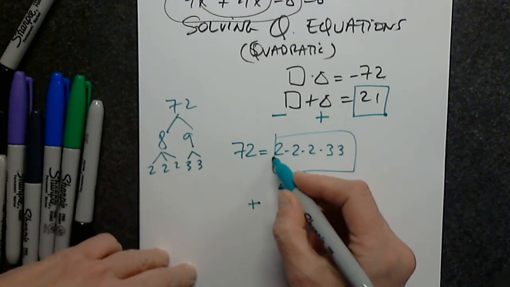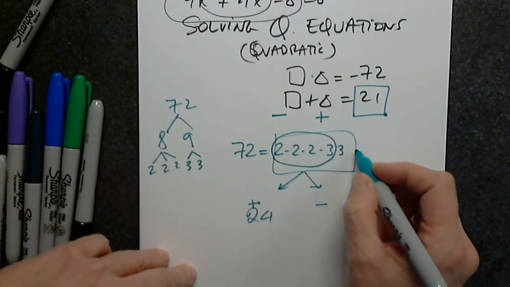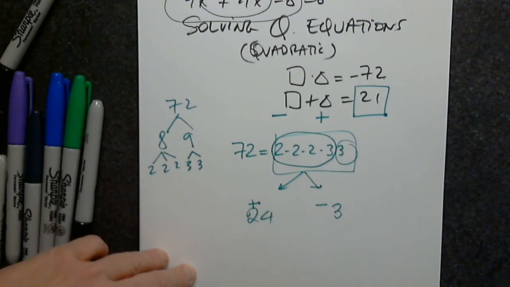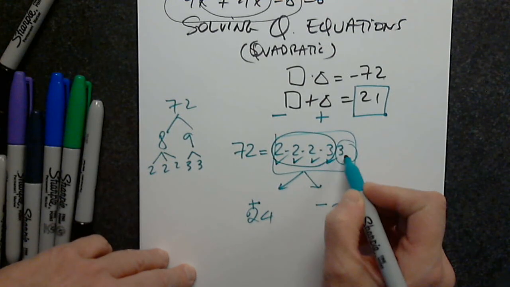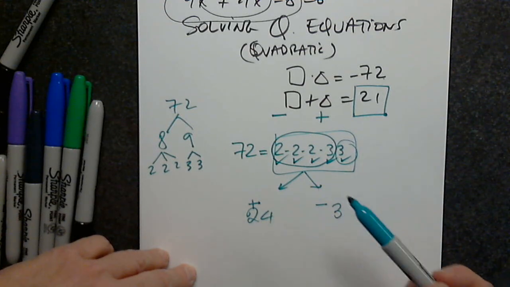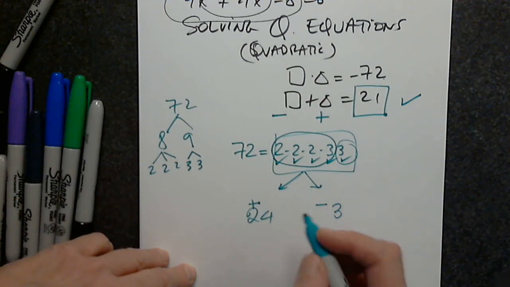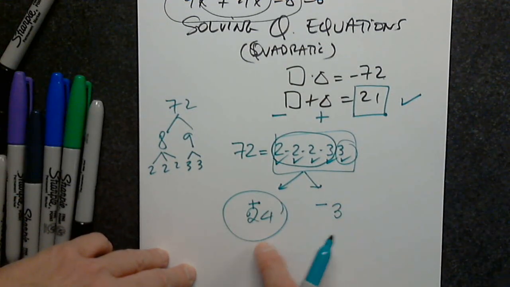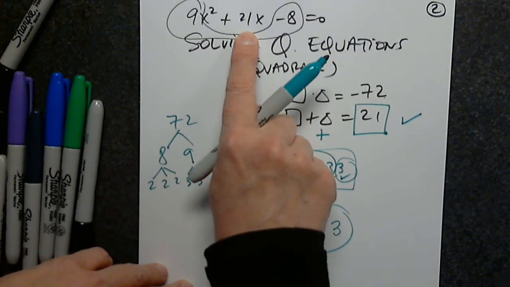I found that this number is 24 and this number is 3. When I multiply them, obviously I get 72 because I used everything. When I multiply these two, I have to get 72, and when I add those, I have to have 21. So now I know for sure that this must be the positive number and this must be the negative number in order to get the 21.